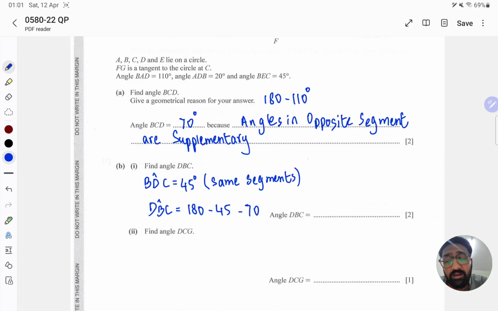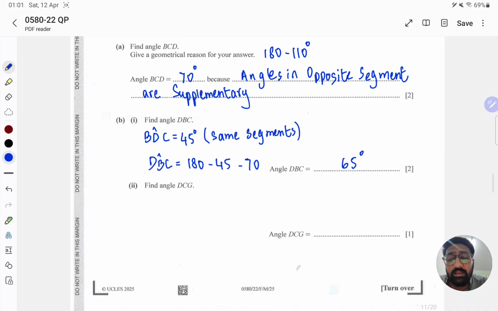So if I subtract 45 and 70 from 180 degrees, it will be 110 minus 45, which is 65. So this angle will be 65 degrees.